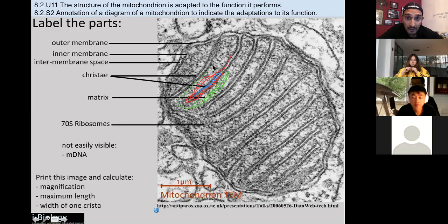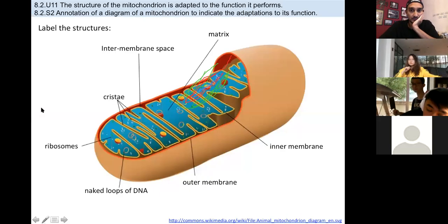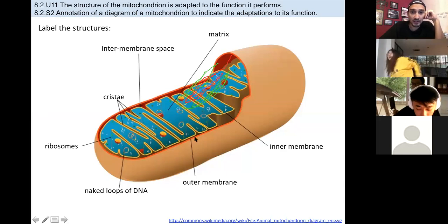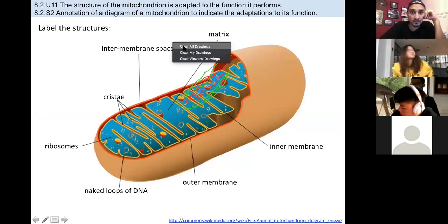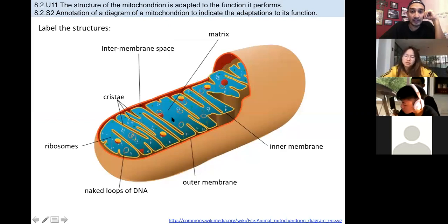I think if we check it out here, this shows us the yellow is a phospholipid bilayer, and so is this orange part. And essentially what it's doing is separating the matrix, which is this blue, from this sort of empty space between the outer and inner layer, the intermembrane space.